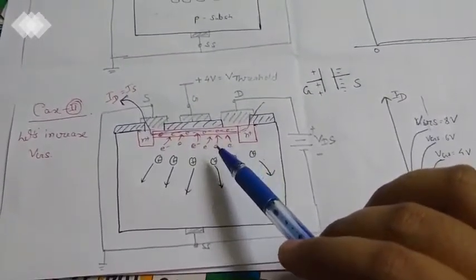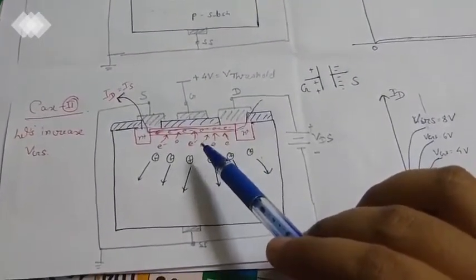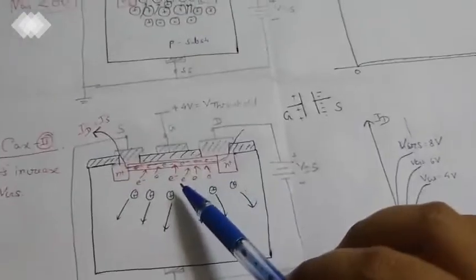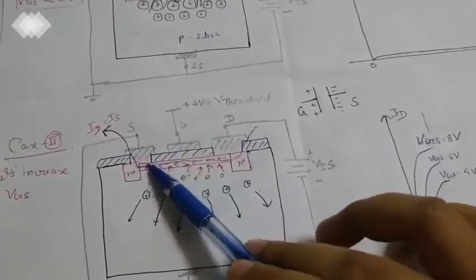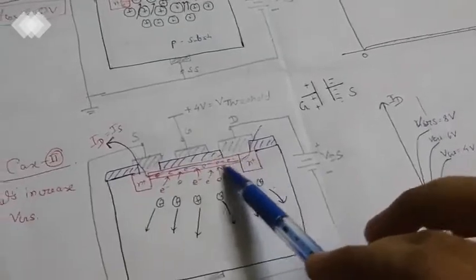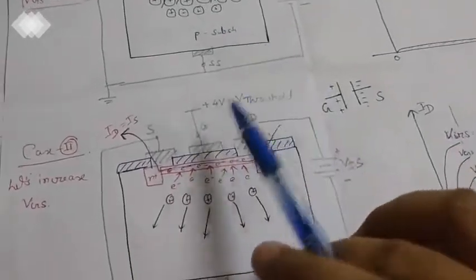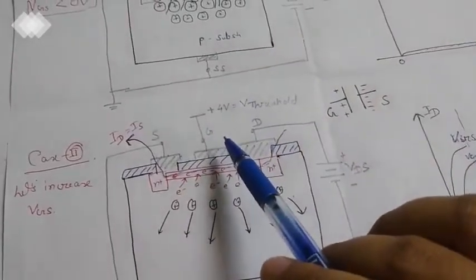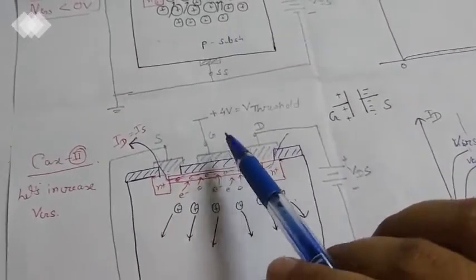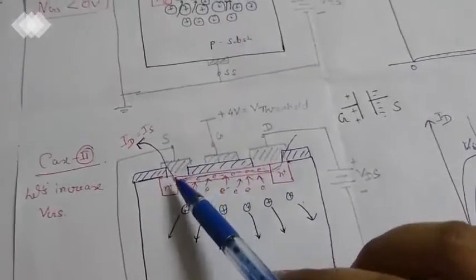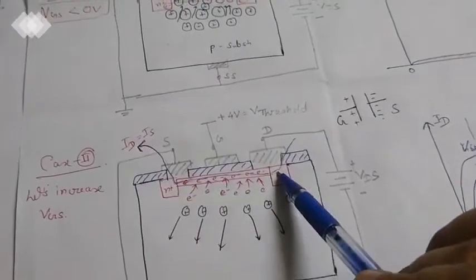As we continuously increase VGS, there will come a point where purely electrons will be present at this channel region. At this point the VGS value will be known as the threshold voltage, because at this point the current will start flowing from source to drain.